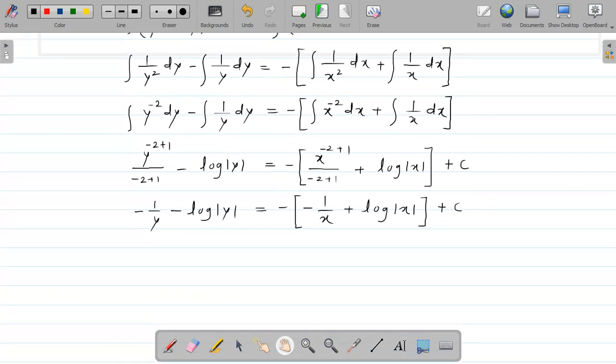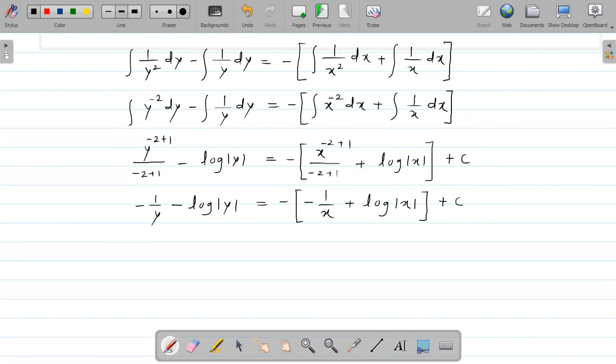Now rewrite this again. What will you get? Here you will get −1/y − log|y| is equal to, giving the minus sign, you will get 1/x + log|x|, here it should be minus, so −log|x| plus constant. Now you can rewrite this, keeping the terms of log together.